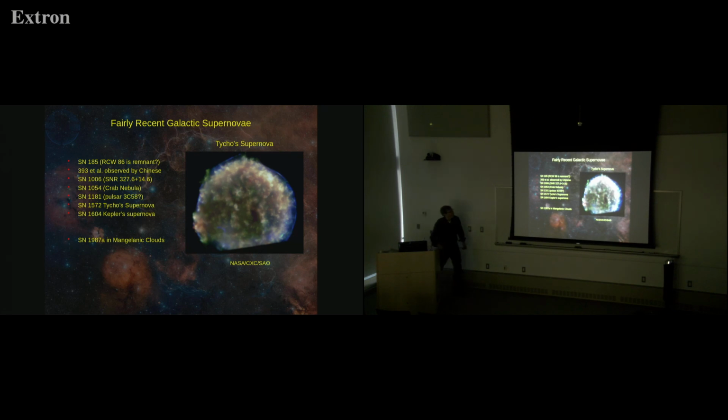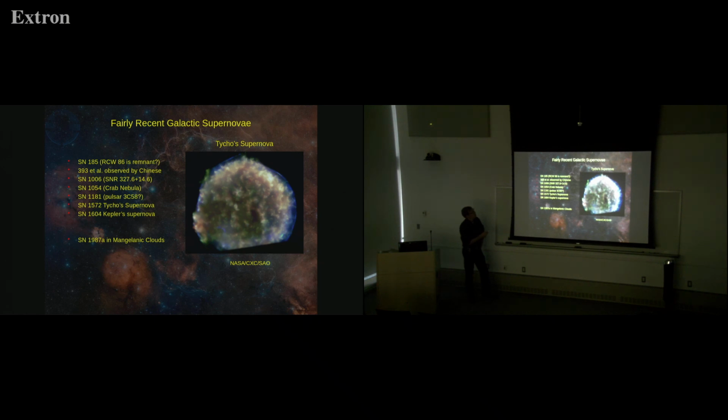Okay, so over recorded history, there have been a fair amount of galactic supernovae. Now, by galactic, I mean in our galaxy. These things occur something like 3 times a second in the observable universe, but only every 50 to 100 years. There was one observed in 175 or 185, and something called RCW 86 is a remnant.